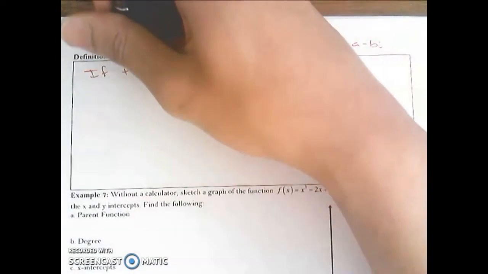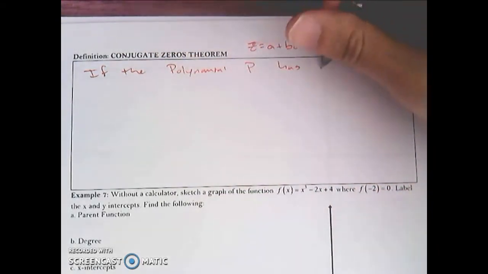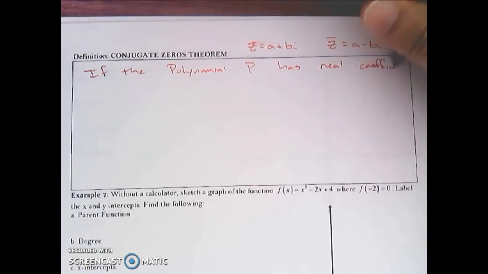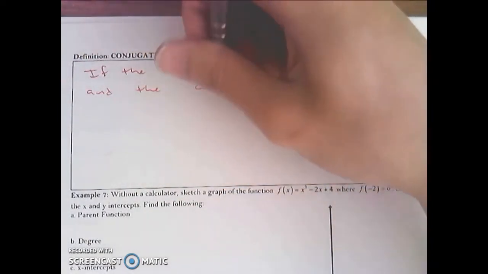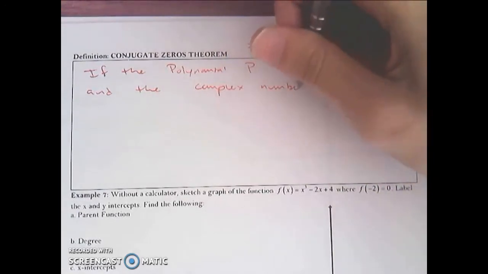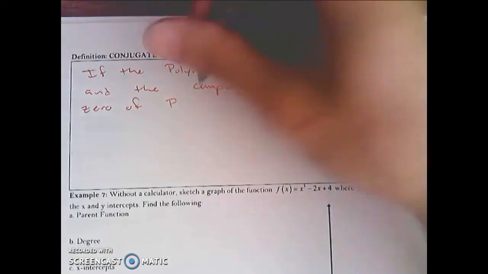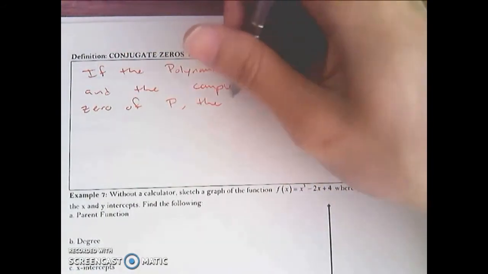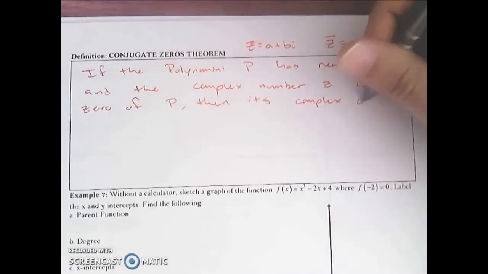So the conjugate zeros theorem states that if the polynomial p has real coefficients and the complex number, we'll call that complex number z, is a 0 of p, so it's a 0 of the polynomial, then its complex conjugate is also a 0 of p.